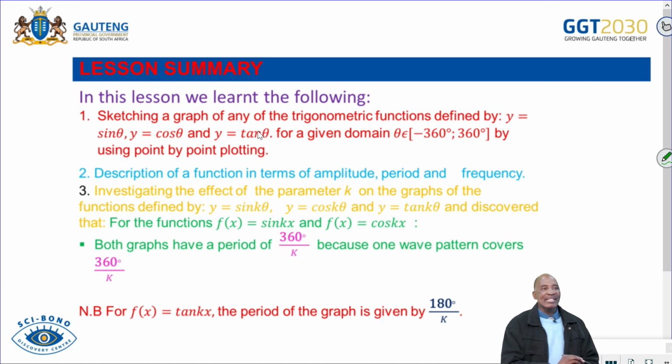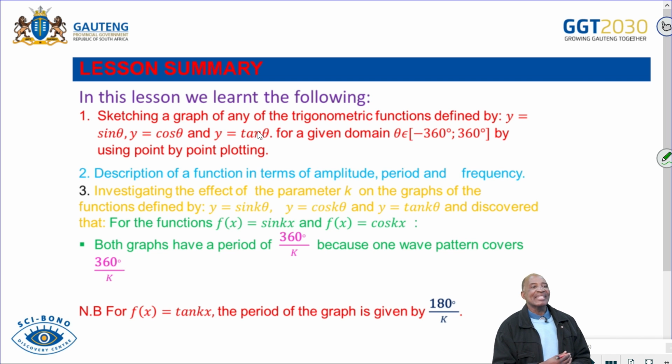And in conclusion, I'm going to summarize. What did we look at in this lesson? We were looking at the sketching of a graph of any trigonometric function defined by y equals sine x, y equals cos x, and y equals tan x for the given domain theta element of negative 360 degrees to 360 degrees by using what we call point by point plotting.